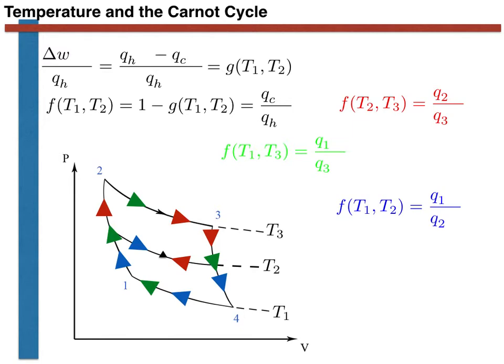We now note that f of T1, T3 can be calculated by taking the product of f of T1, T2 and f of T2, T3. The factors of Q2 in the numerator and denominator of this product cancel, and one is left with Q1 divided by Q3.